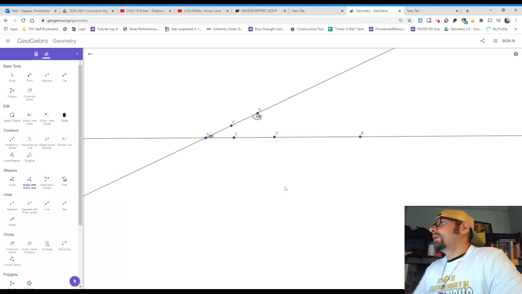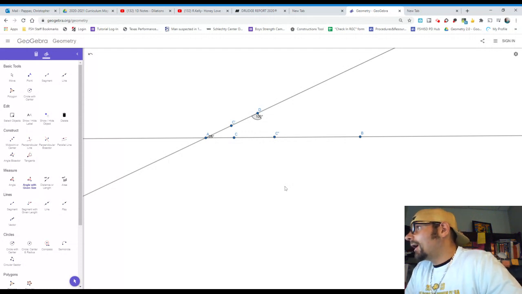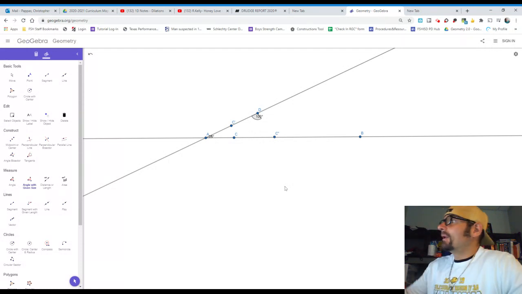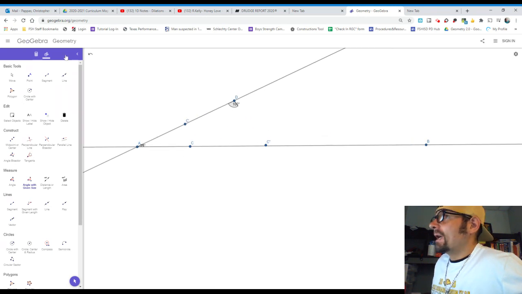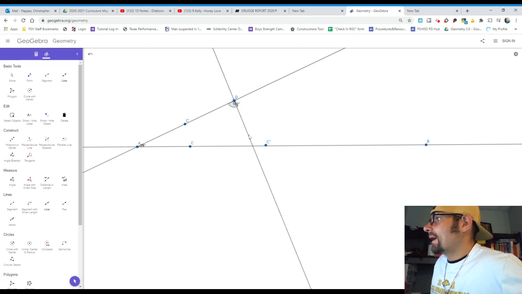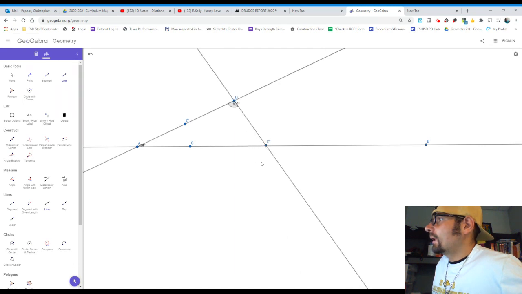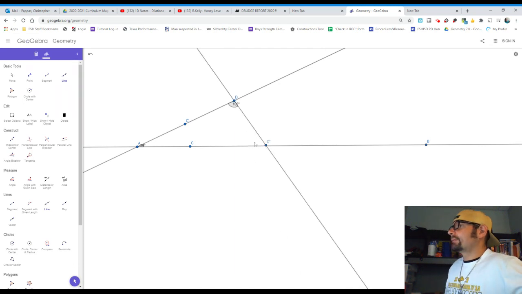Now our D creates an angle with our new point down here, C double prime. That's 100 degrees.